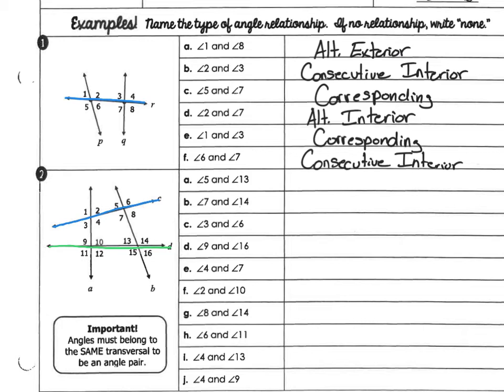All right, so let's start with A. 5 and 13. Now, these are transversals too, because they split parallel lines. So it's important that you look at it. Like if we had something down here in this corner and they gave you a number that was up here in this corner, you couldn't do that because they don't share the same transversal. That's kind of what that thing was saying.